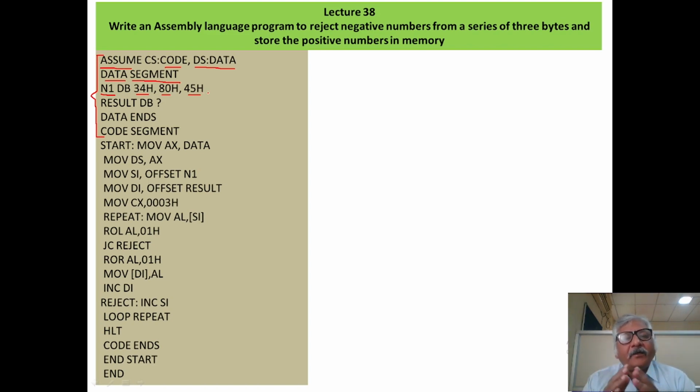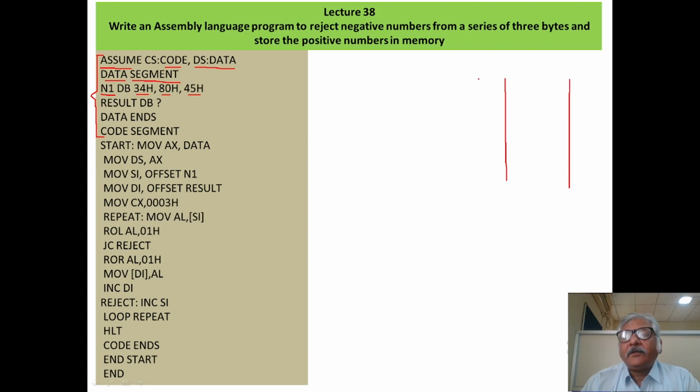From these three numbers we will find out which number is negative, so we will reject that number and the positive numbers we will store. So the offset address of our first number, right, will be... see, suppose this is our memory.